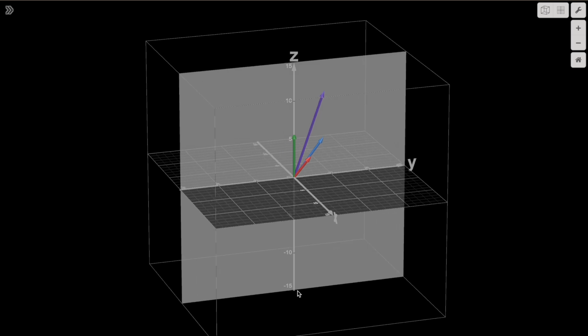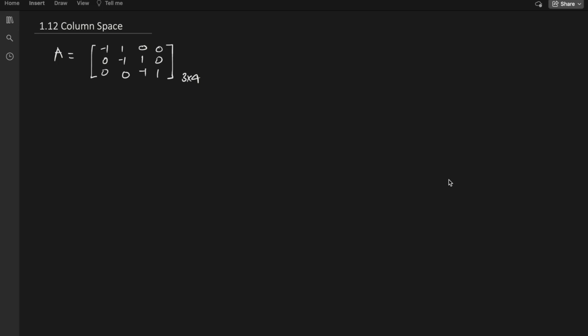So let's begin. This is a matrix A, a 3 by 4 matrix, 3 rows and 4 columns. This is a difference matrix, by the way, so we will see what a difference matrix is. The columns of the matrix are nothing but vectors, right?